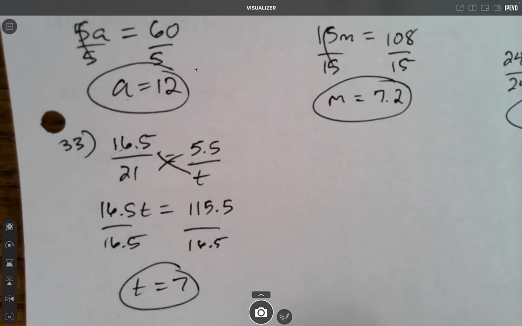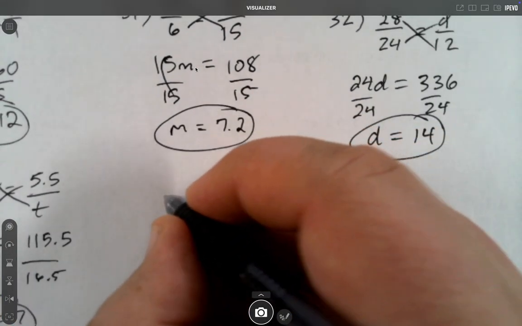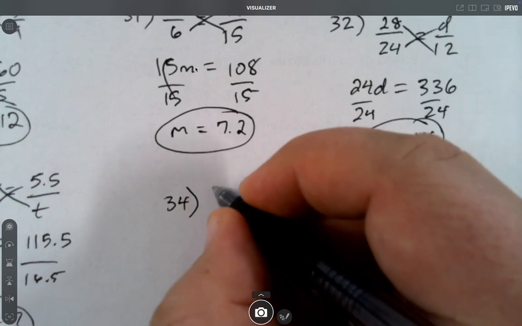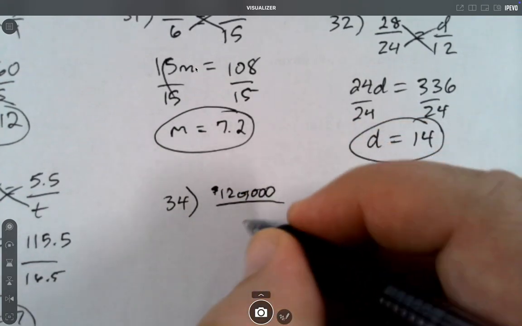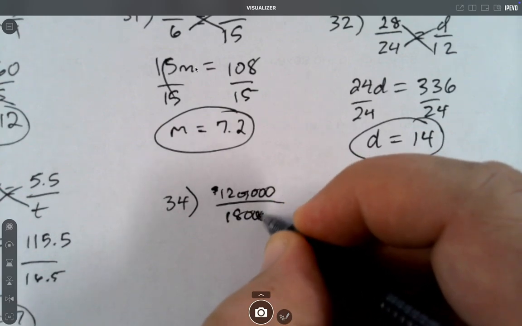Last question, real estate. A homeowner whose house is assessed for $120,000 pays $1,800 in taxes. Okay, so I'm going to set up a proportion for this. Their house is assessed as being worth $120,000, and they're paying $1,800 in taxes.